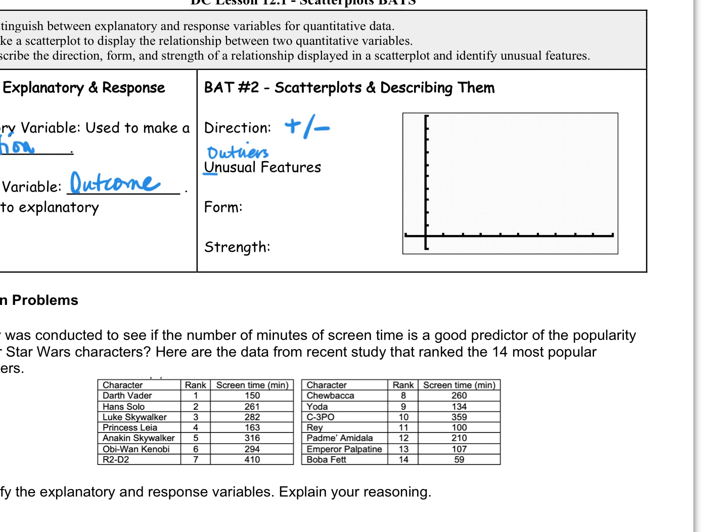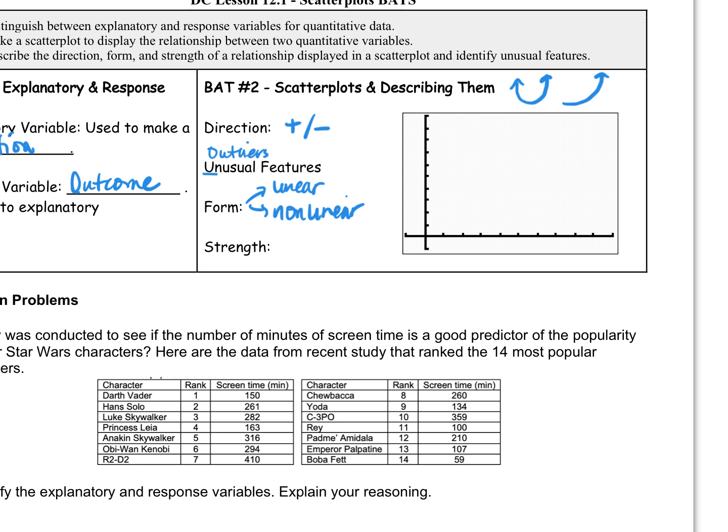Form, you really only have 2 options. It's either linear or nonlinear. Y'all know what a nonlinear might look like? It would, like if the dots kind of made a U shape, or if it made like a curve. That's nonlinear, okay? Anything other than a straight line would be nonlinear.